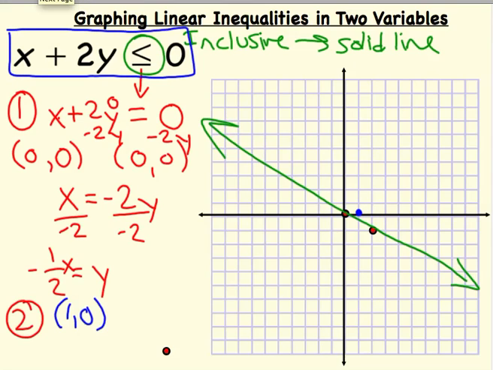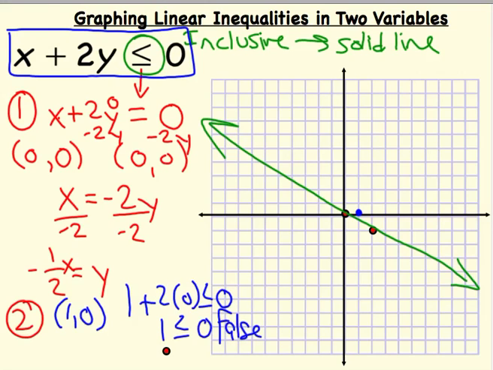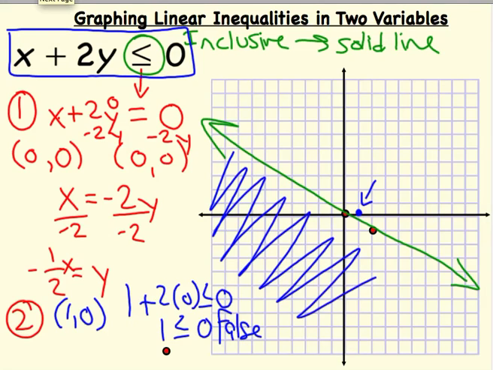So instead of x, I'm going to write 1. Instead of y, I'm going to write 0. And I get 1 is less than or equal to 0. Well, 1 is not less than or equal to 0, so that's a false statement. So that means where I picked my test point to be, that side is wrong. So I'm going to shade the other side. That's your answer.